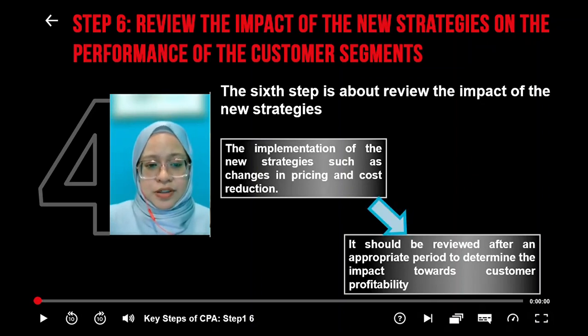The proposed strategy to be implemented has to be inspected in order to measure the impact on the performance of the customer segments or their profitability. For example, the implementation of new strategies such as changes in pricing and cost reduction should be reviewed after an appropriate period to determine the impact on customer profitability.